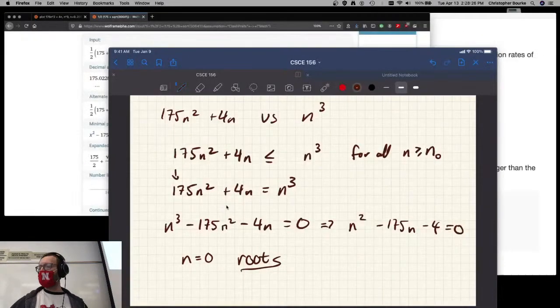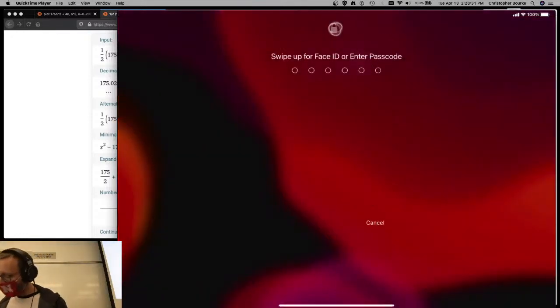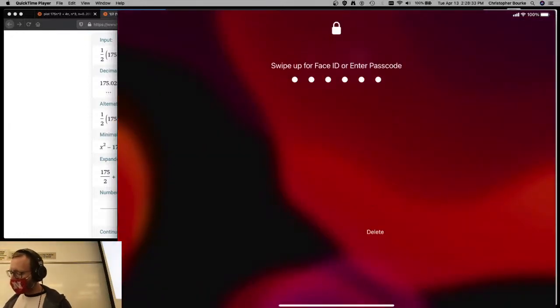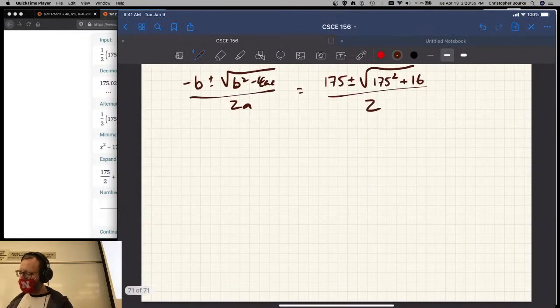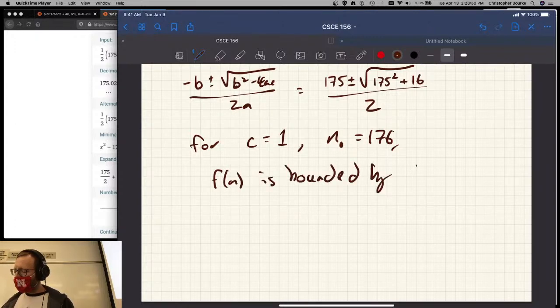Right? So, for c being 1 and n naught being, what did I say, 176? f of n is bounded by g of n.